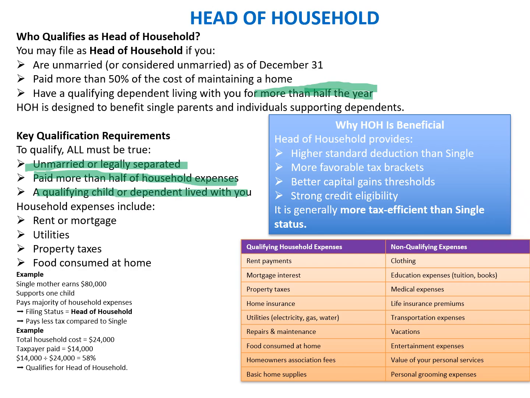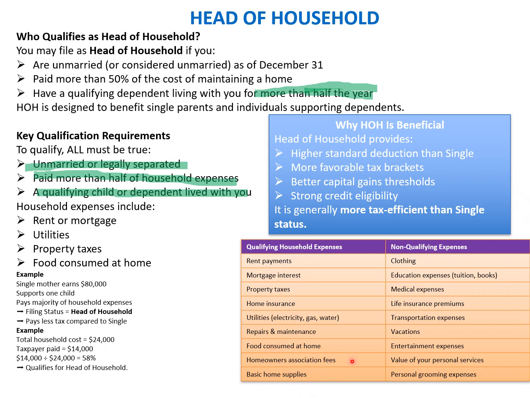Household expenses include rent or mortgage, utilities, property taxes, and food consumed at home. We have created a table here to quickly list what is considered qualifying household expenses and what is considered non-qualifying. Rent payment, mortgage interest, property taxes, home insurance, utilities, electricity, gas, water, repair and maintenance, food consumed at home, homeowners association fees and basic home supplies are considered qualifying household expenses.